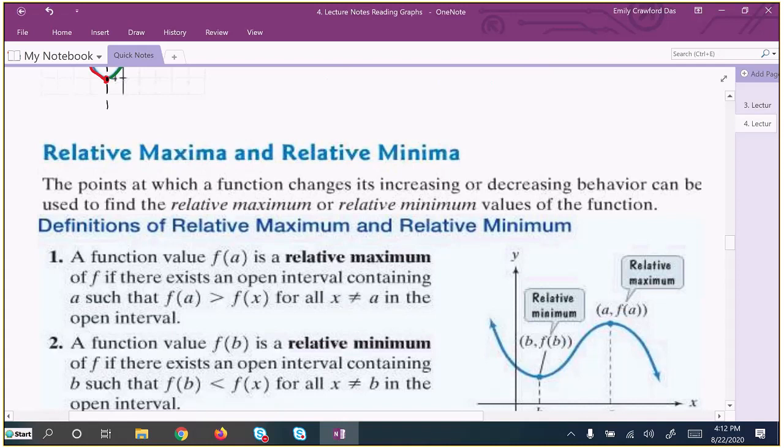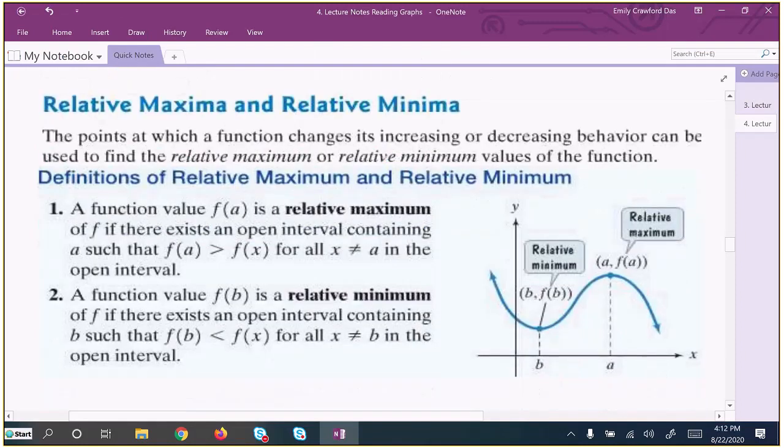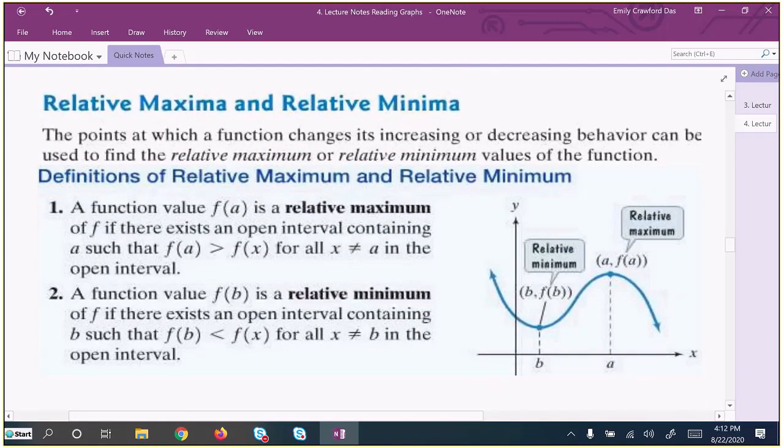And what do we mean when we say relative? Well, we mean relative to the values around it. So looking at this picture here on the right, this point is not necessarily the absolute minimum because this graph goes down, down, down, down. So we've got y values that are smaller.